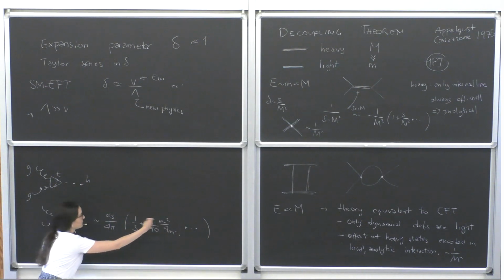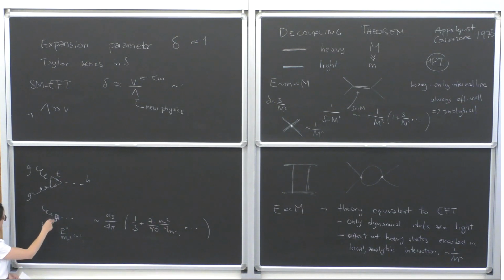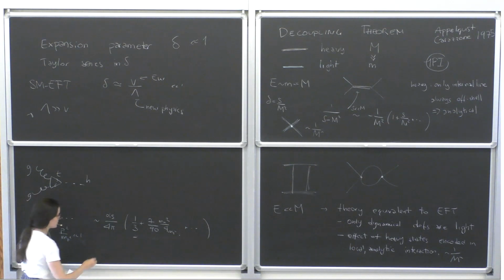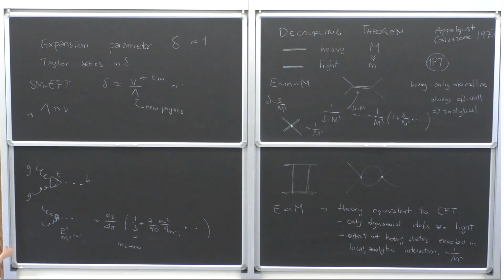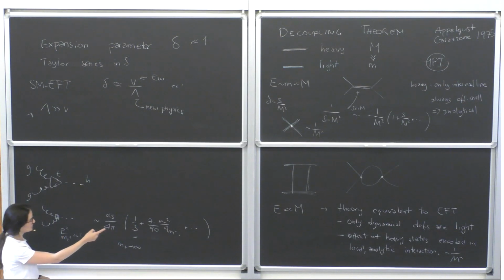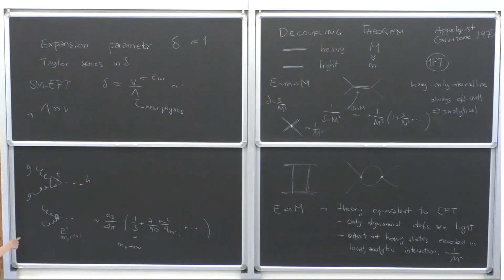So it doesn't really matter what comes after, but the point is, if you take this and you expand it in the limit of the large top mass, you have a constant. So it means that even if m_t goes to infinity, these loops survive. So this doesn't obey the law that this has to go like 1/m_top squared.